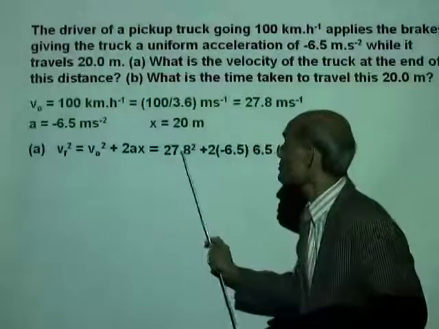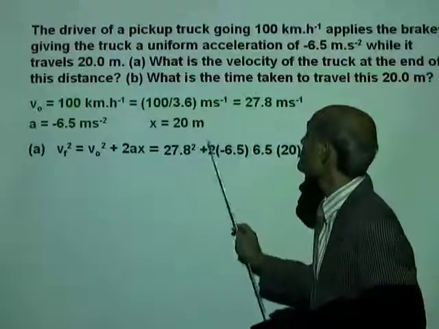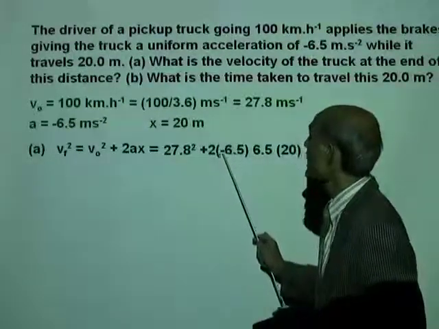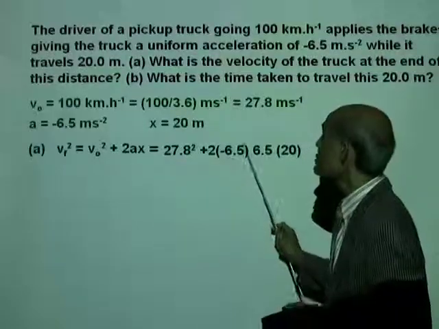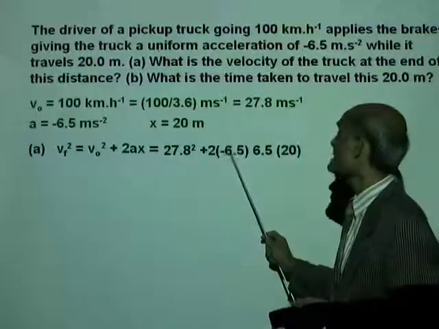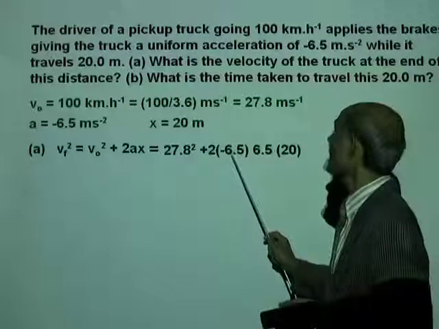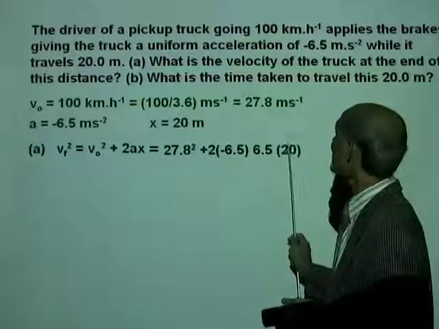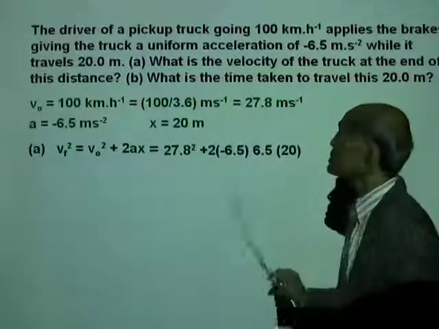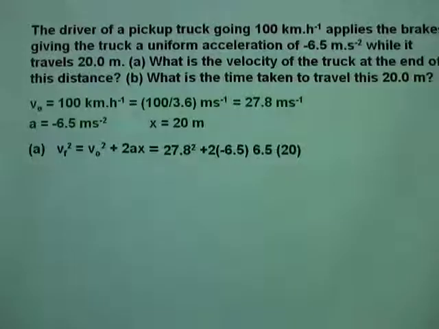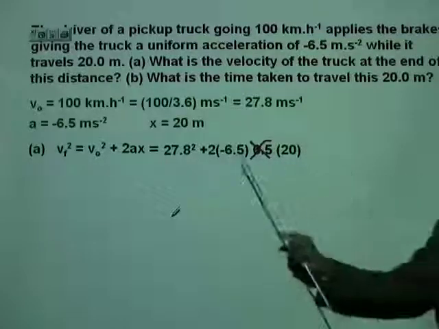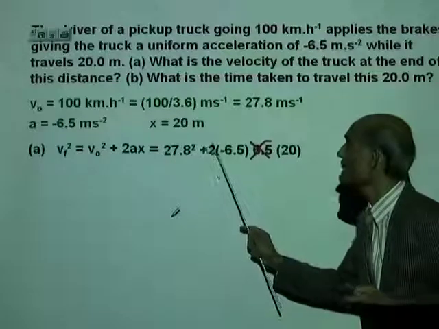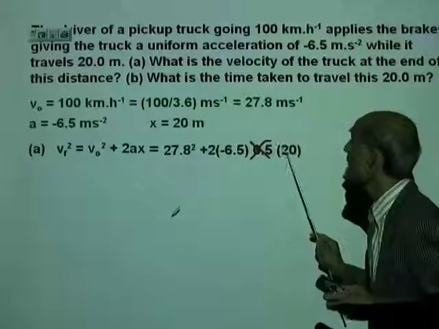That will be 27.8 squared plus 2 times acceleration, negative 6.5 meter per second squared, times x, which is 20. There is only one 6.5 there, so V0 squared plus 2ax.